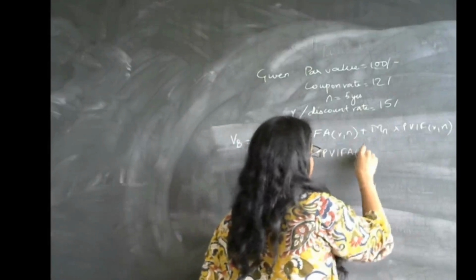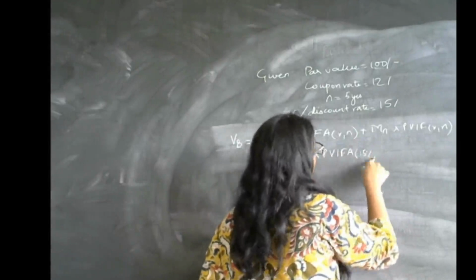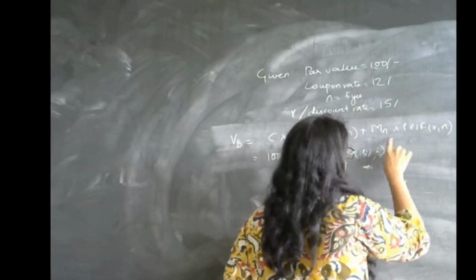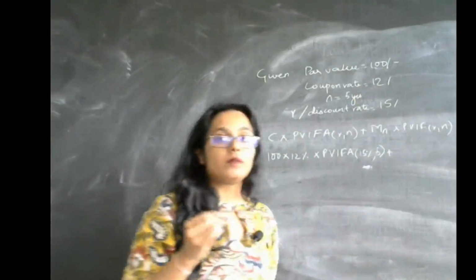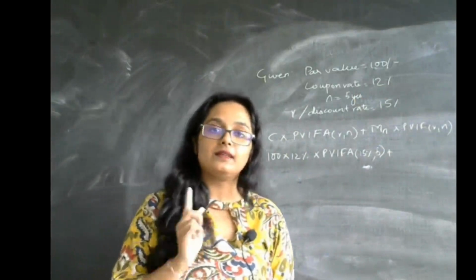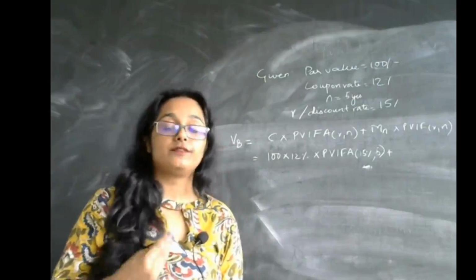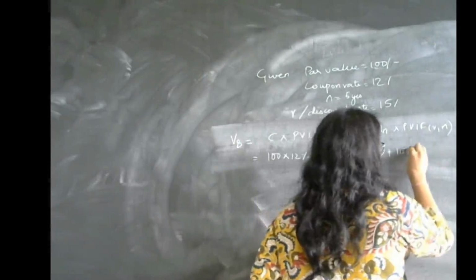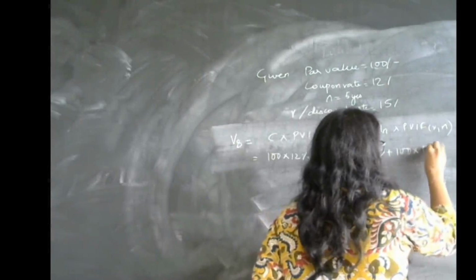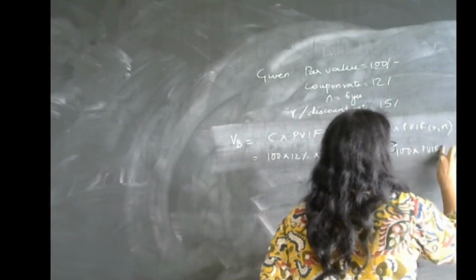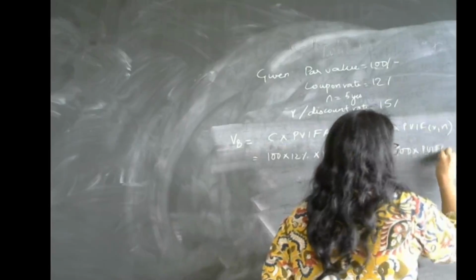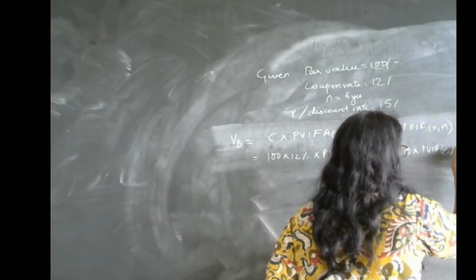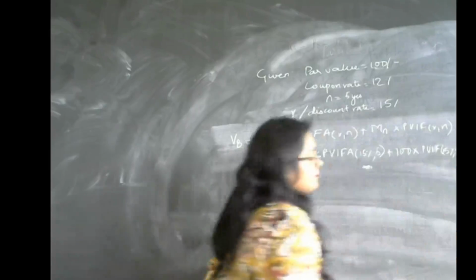R is what? 15%. For how many years? 5 years. Plus maturity value. Since it is a par bond, it is going to be redeemed at the face value, at the value at which it is issued. So it is going to be 100 only, multiplied by present value interest factor at the rate of 15% for 5 years.